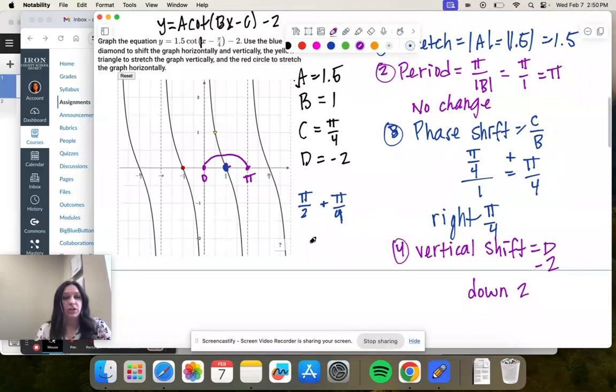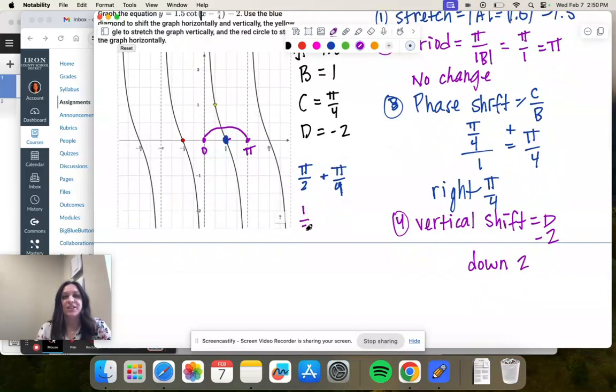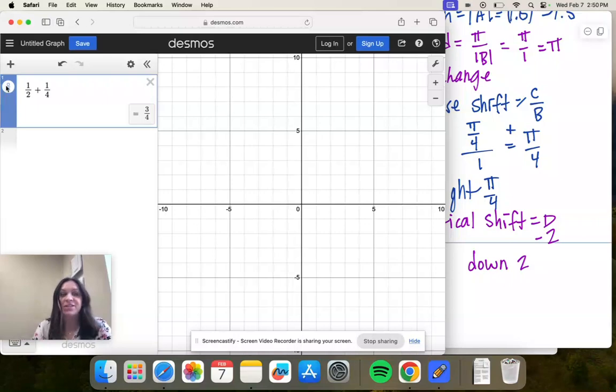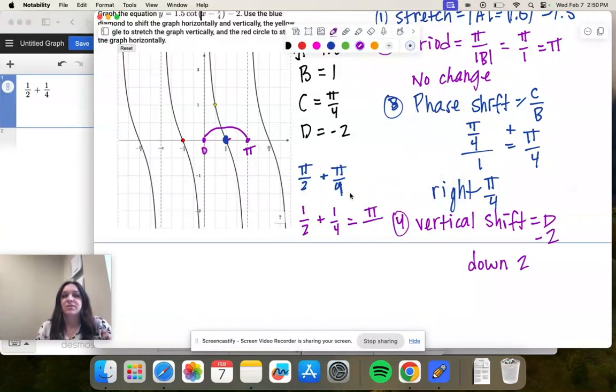So if you want to do this in the calculator, you're going to take 1/2 plus 1/4, and then we're going to put pi back in our answer. So 1/2 plus 1/4 is 3/4. So 3 pi fourths is where we're going to move that, and then down 2.